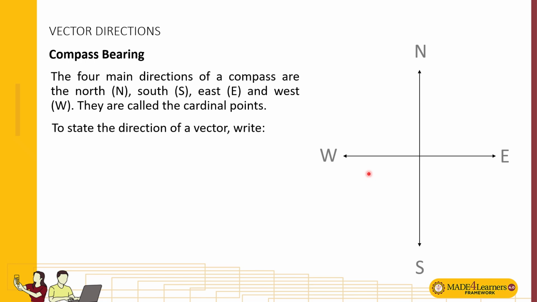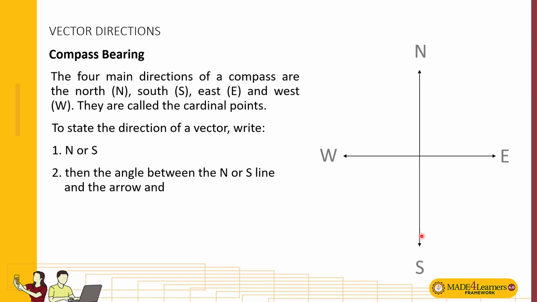One common way is to write first N or S to represent north or south, then the angle between the north-south line and the arrow representing the vector quantity, and the letter E or W for east or west, respectively. Or you can also start from the east-west line and then rotate it towards the north-south line.